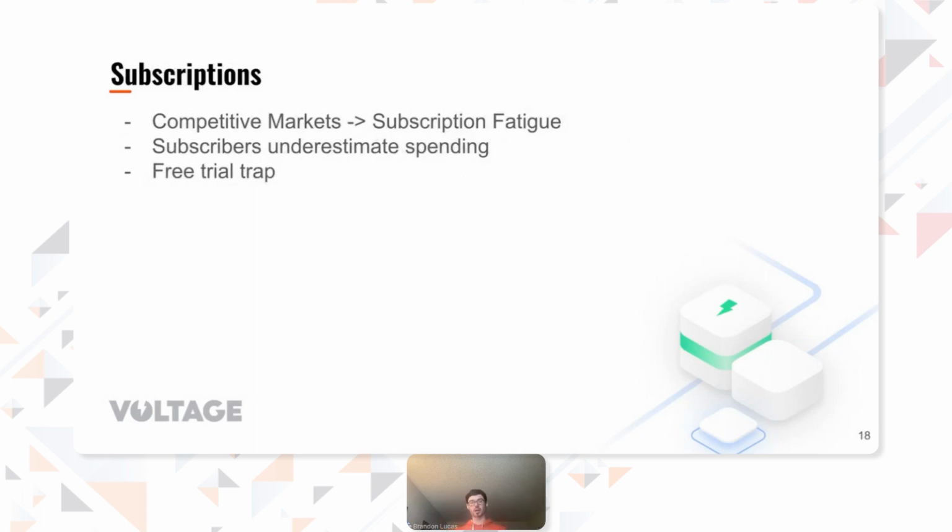With the subscription model, there are a lot of drawbacks. Really competitive markets with subscriptions lead to subscription fatigue. An example of this is the streaming services like Netflix, HBO Max, Hulu. At one point, it was pretty much just Netflix, and it dominated the market, and that's all you needed. Over time, there became a lot more competition between these streaming services, and there's only a select number of things you'd be interested in watching at any given time.